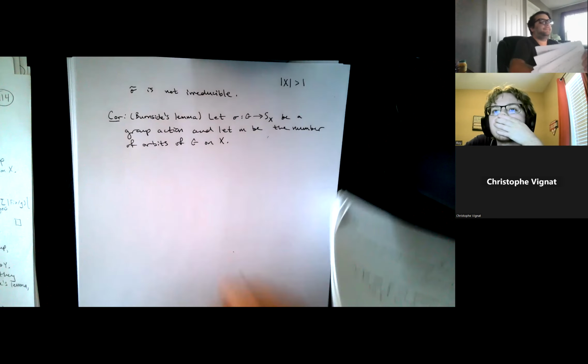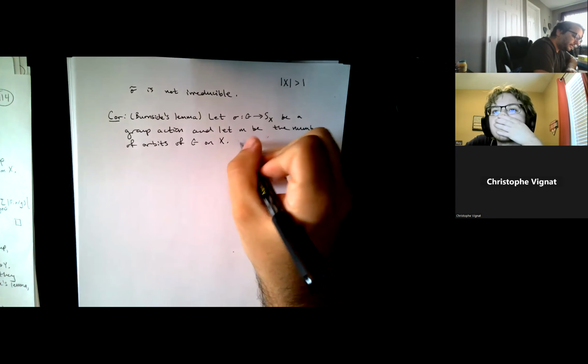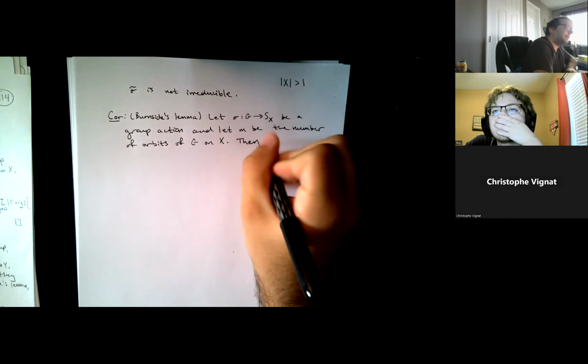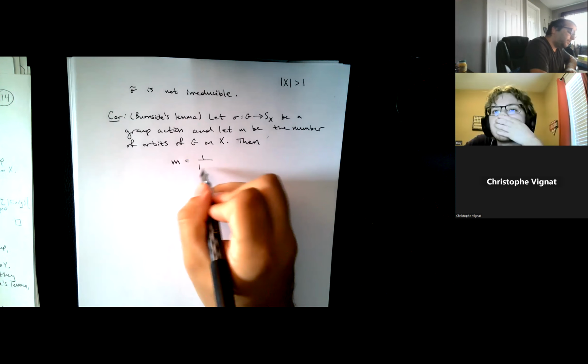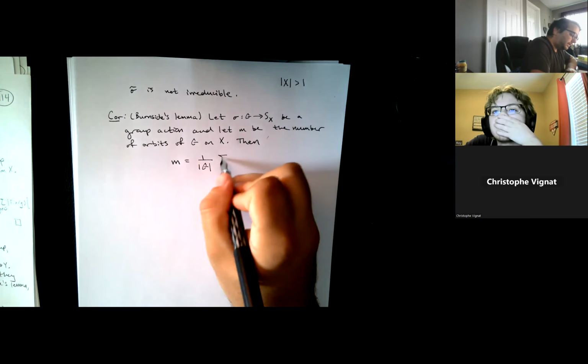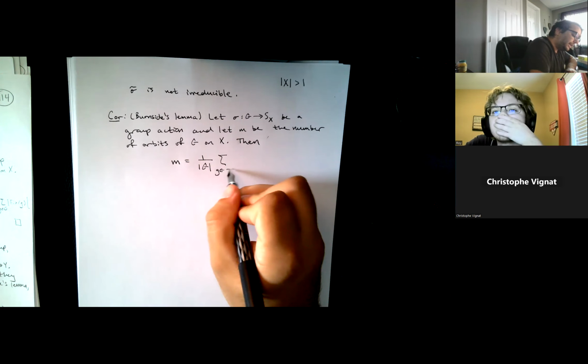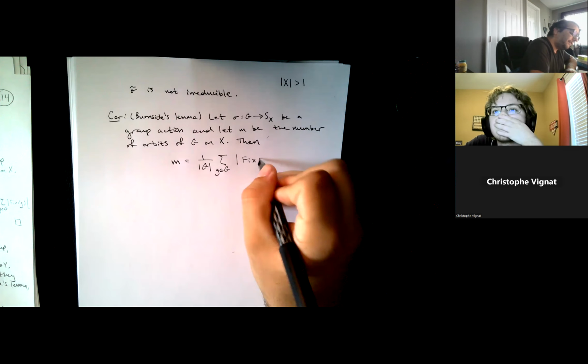Then Burnside's lemma says that M is exactly 1 over the order of G times the sum over the elements of G of the cardinalities of the fixed sets.